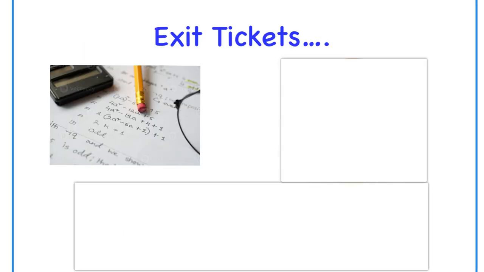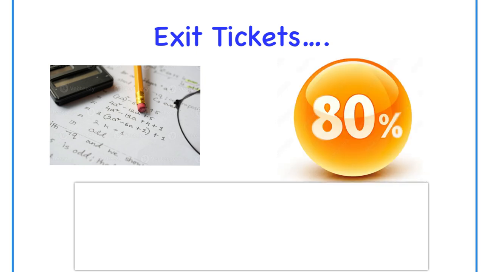So let's talk a little bit about these exit tickets. These exit tickets are going to be your quizzes. What I'm looking for is an 80% understanding on these. If you reach 80%, then at that point, you're probably ready to move on to the next section. Now, if you want to go back and say, no, I can do better than 80%, you can. Or maybe you get 100 the first time, obviously you're going to move on.